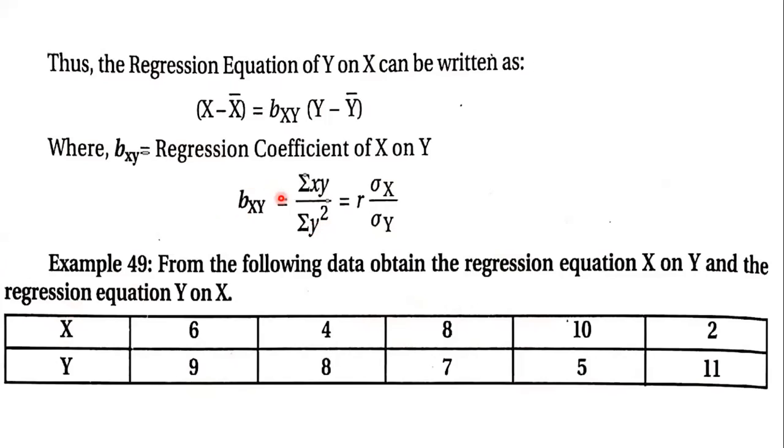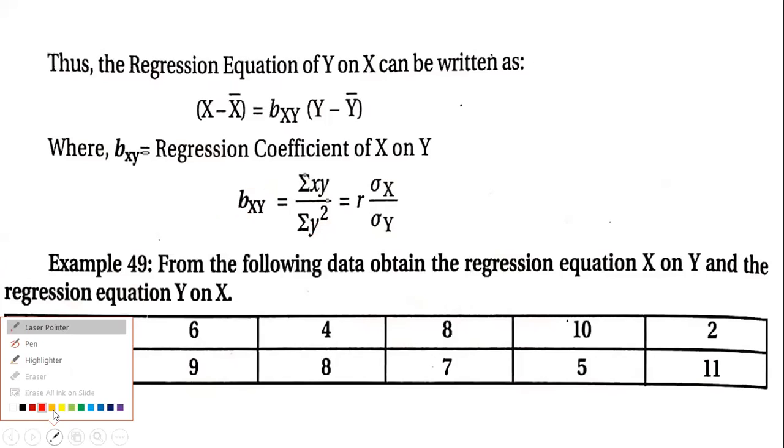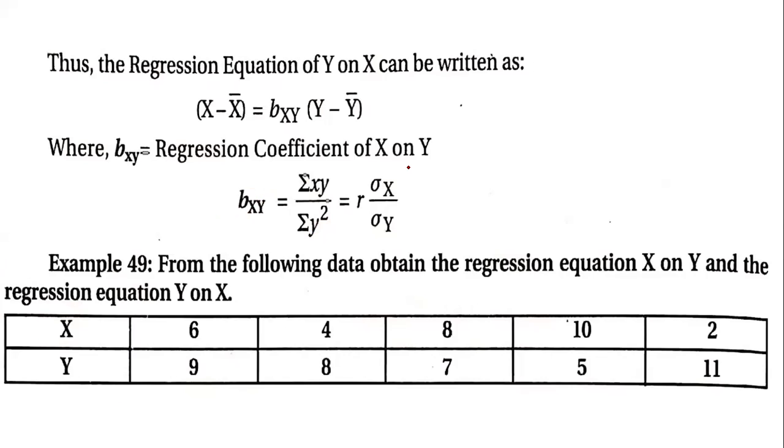Now for x on y, the regression coefficient bxy is equal to sigma xy by sigma y square. This is the formula. There is one more formula for this, that is the correlation coefficient into standard deviation of x divided by standard deviation of y.